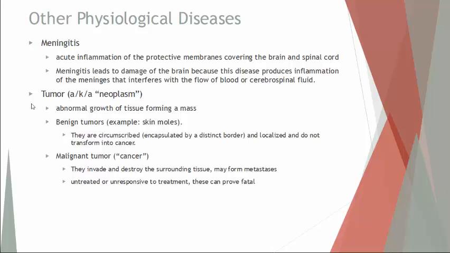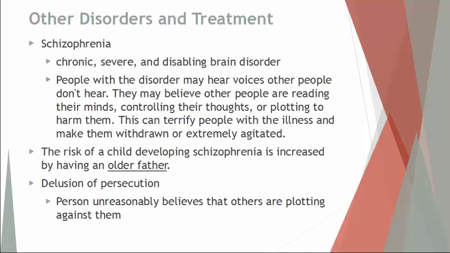Okay, next we'll talk about schizophrenia. This is a very severe, very chronic, very disabling brain disorder. This covers a wide range of symptoms. People who have schizophrenia tend to think that people are trying to control their minds, people are trying to read their minds, they hear voices that no one else can hear.